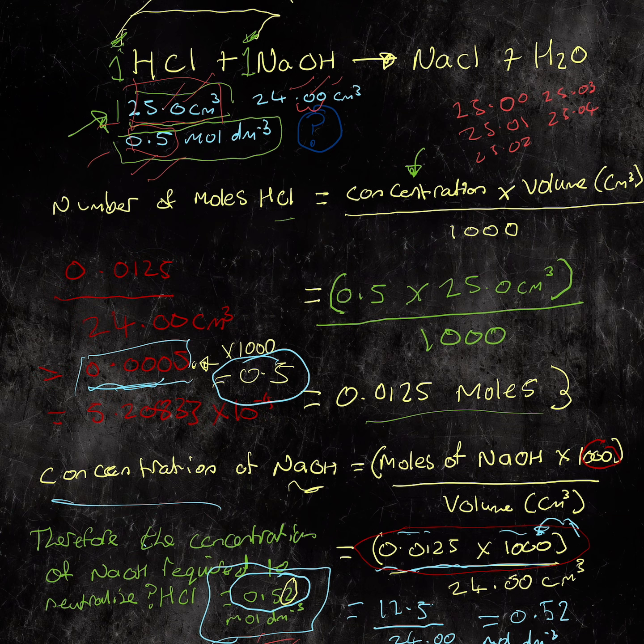So with measuring devices like the cylinders, you can't actually get a very, very precise reading. A reading of 25.0 over this side could be any one of these, but we don't know which one.